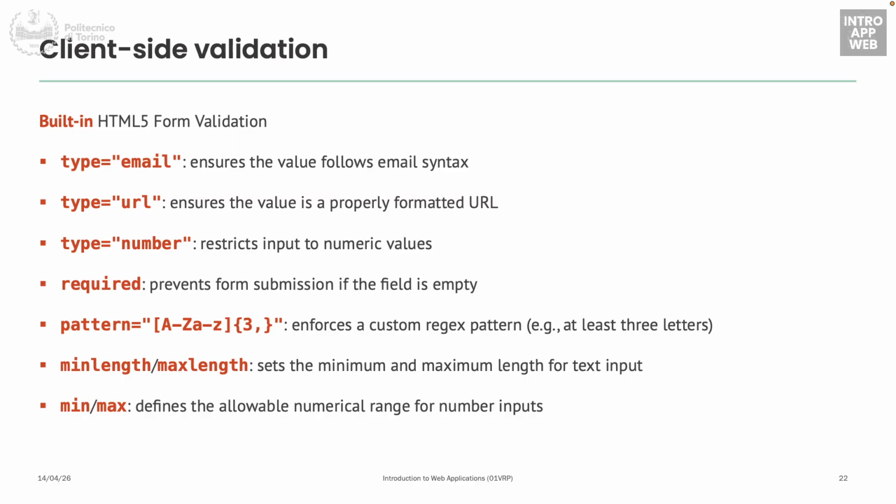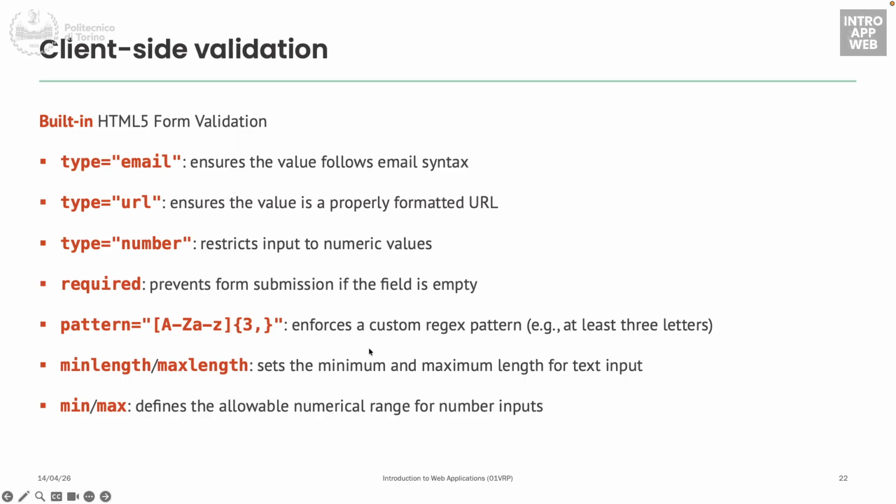So which kind of validations can we make? We have seen some of them. For instance, if we are expecting an email, we can set the type email. If we are expecting a URL, we can set the type to URL, or to number. Then we have required, that as its name suggests, is when we want a specific field to be mandatory.